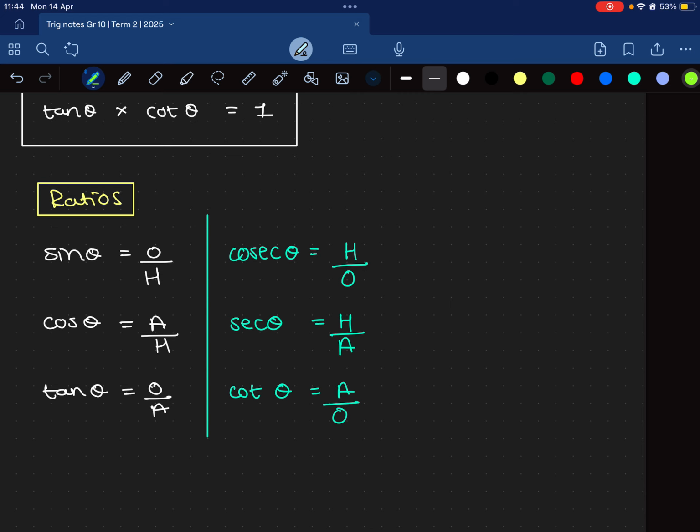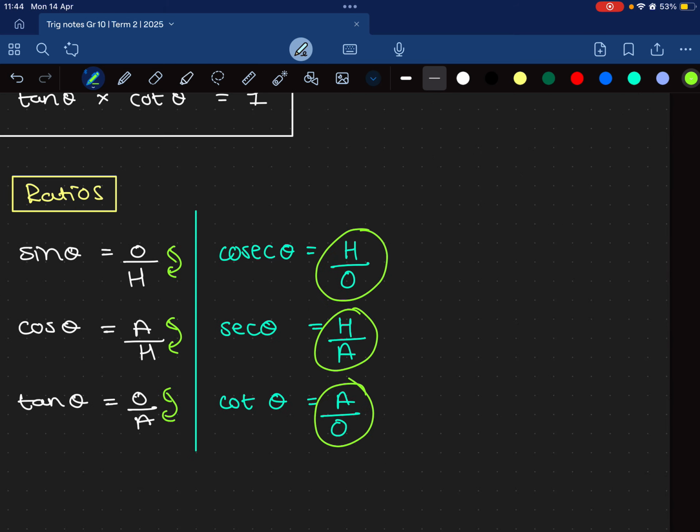Okay, so all I've done is take these and swap them around in order to get the ratios for my reciprocal functions. Of course, this becomes helpful when we need to solve very quickly for something.